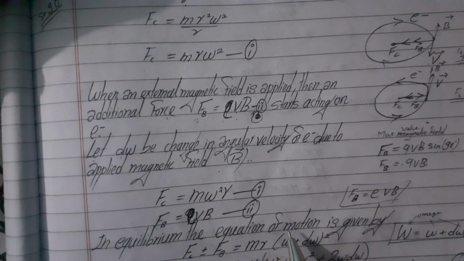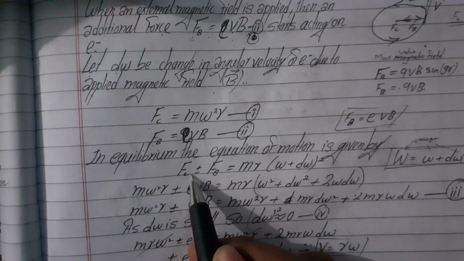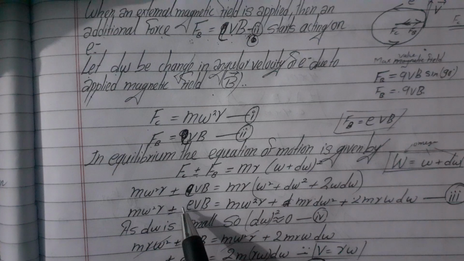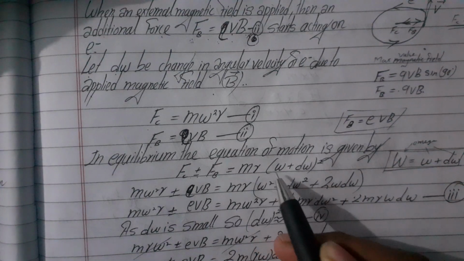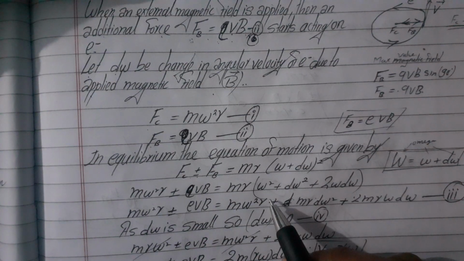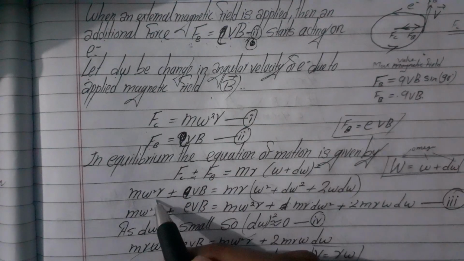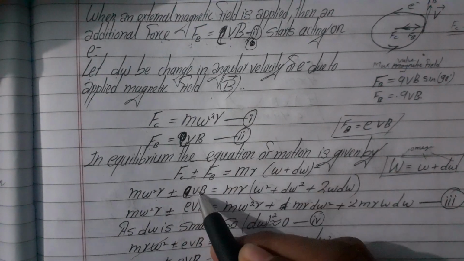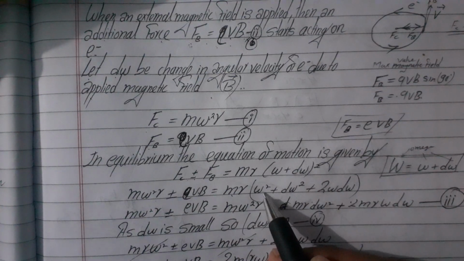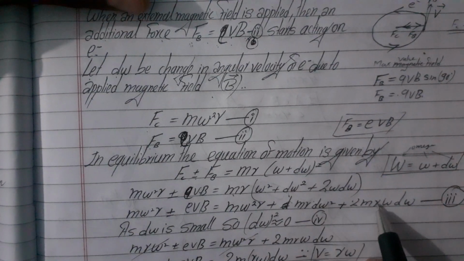But in the equilibrium condition, Fc plus or minus evB is equal to m r (omega plus d omega) whole square. We are replacing these values here.